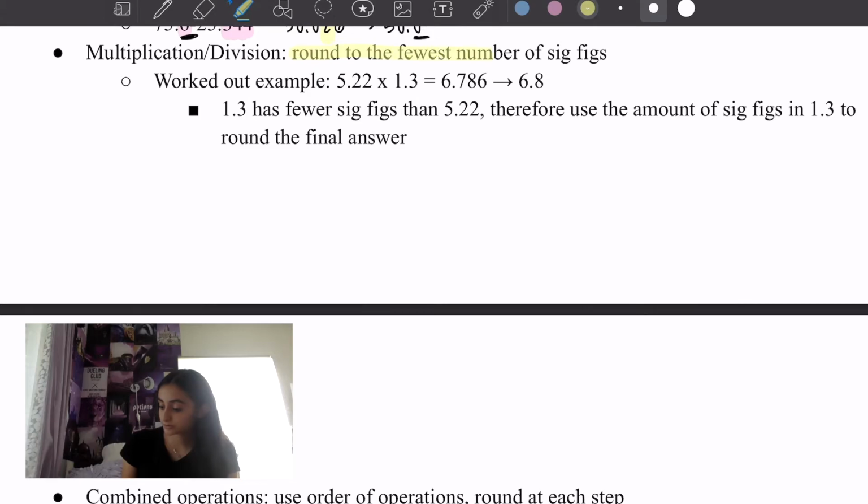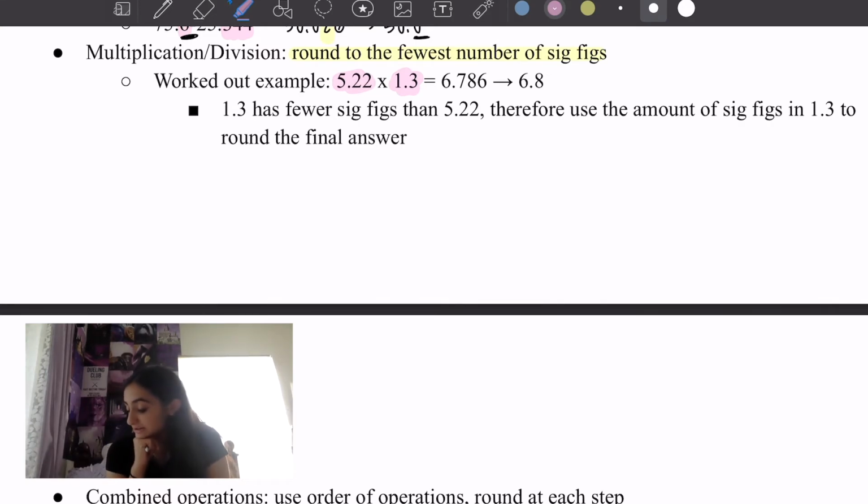So with multiplication and division problems, you are going to round to the fewest number of sig figs in general. In a worked out example, if you count the number of sig figs in 5.22, that is 3. 1.3 has 2. Which one has less? 1.3, which means our final answer will be rounded to 2 sig figs.